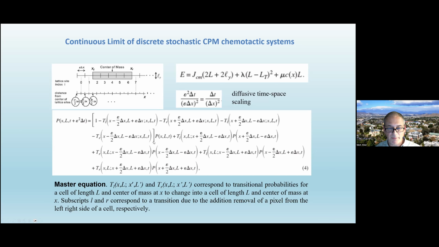So we have a probability of having a cell of length L plus the step of the lattice.